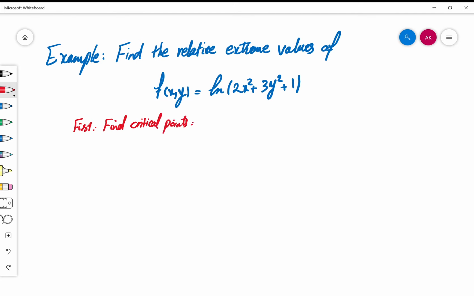Well, to find critical points in this case, we need the first partial derivatives. The derivative of f, which is ln of some function, with respect to x means we find the derivative of that function with respect to x, and then over the function itself.